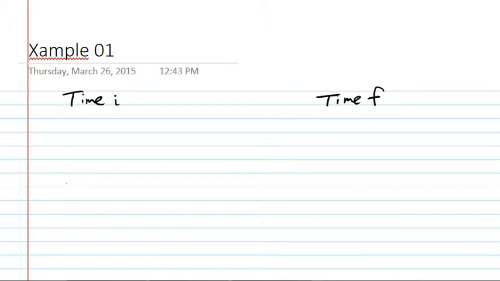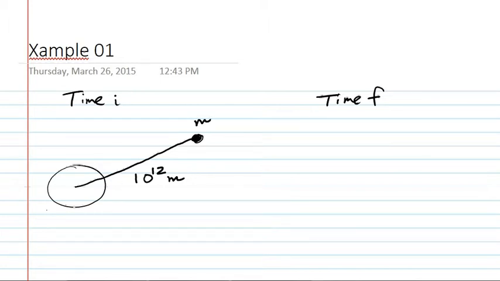Let's consider the Earth and a small object some distance from the Earth. In fact, we'll let this distance be about 10 to the 12 meters. And it has a mass m.